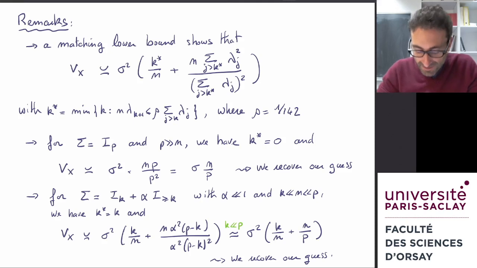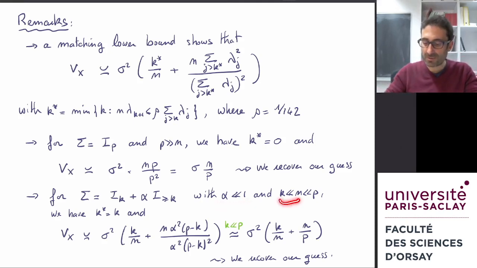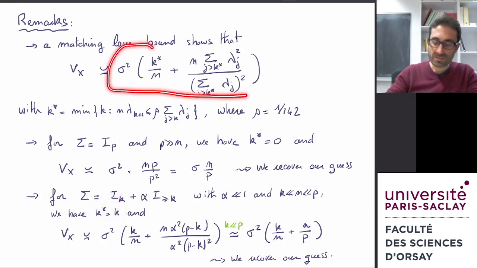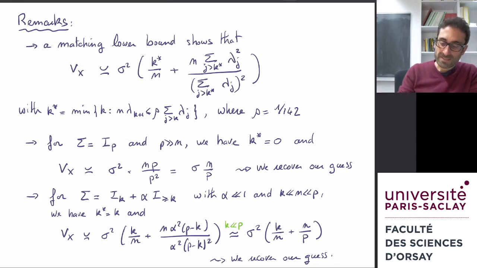So again, if alpha is small and k is small compared to n, kappa star will be nothing but exactly the k that shows up here. So we have this formula with k star equal to k. So let us replace in this formula with k star equal to k.